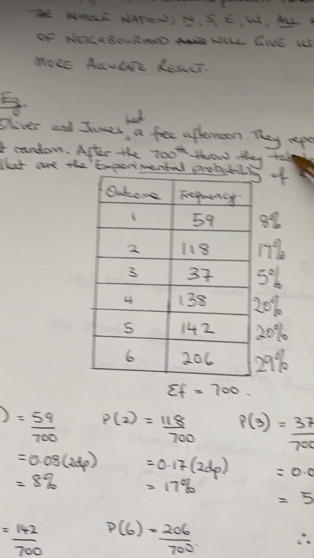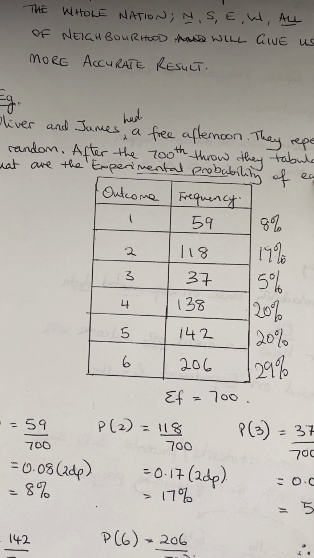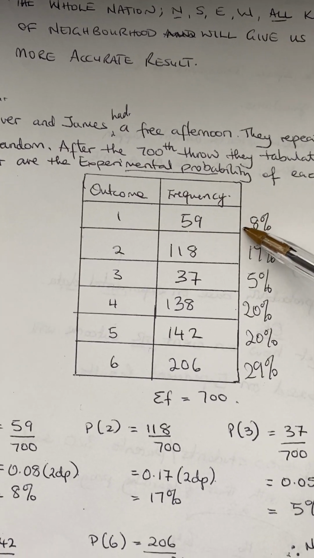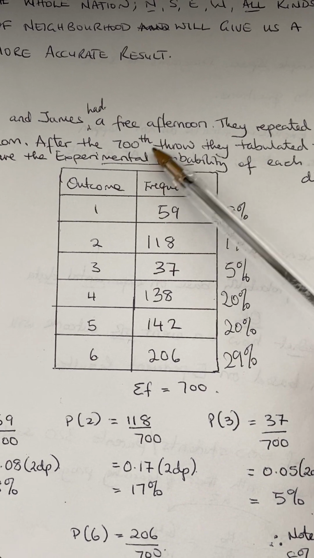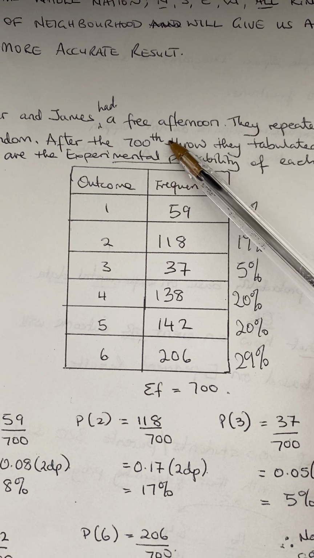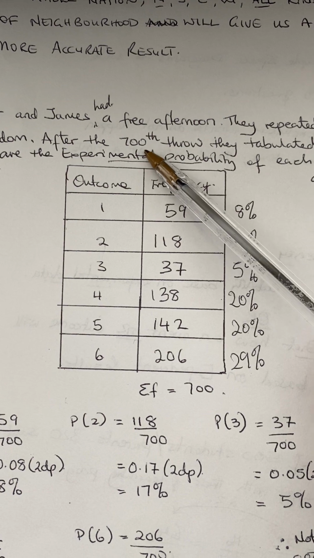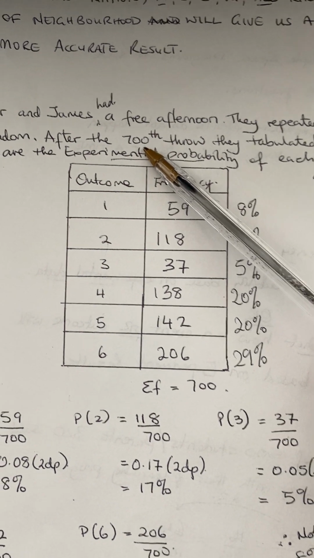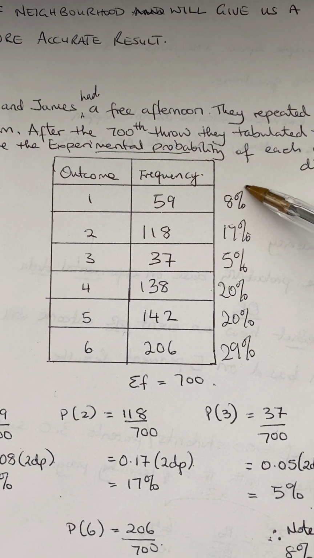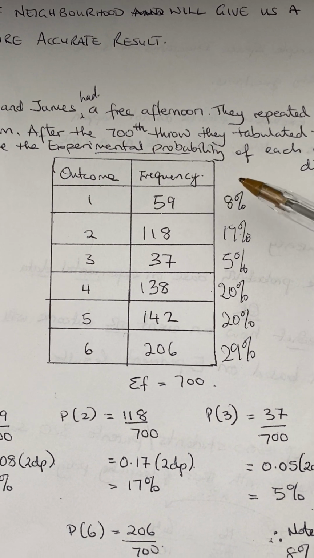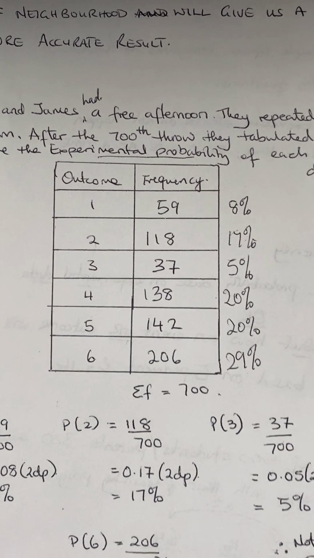So for instance, with James and Oliver, I don't know whether they were lying down. I don't know. They did it. They just kept on throwing. Okay, but to do it for 700 times, that means they did a lot, because somebody could have done 70 or 20 and use it to calculate, but after 700, this would be a fair result, okay, of their finding.